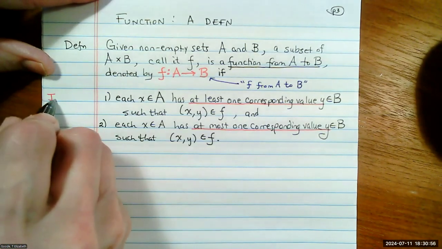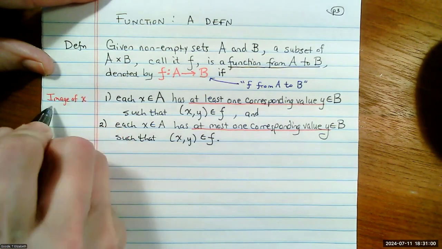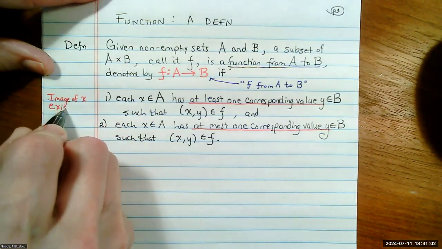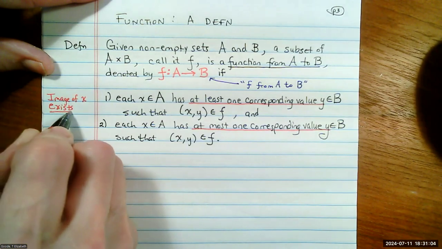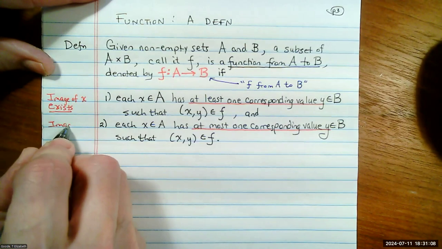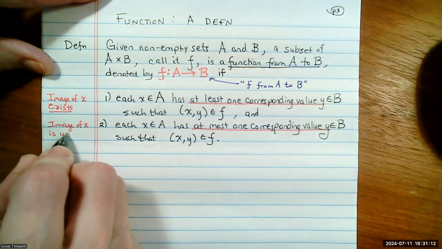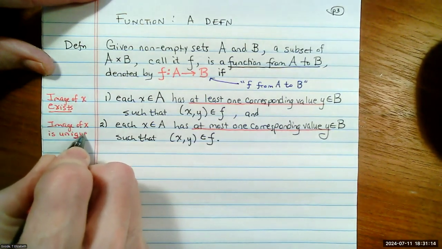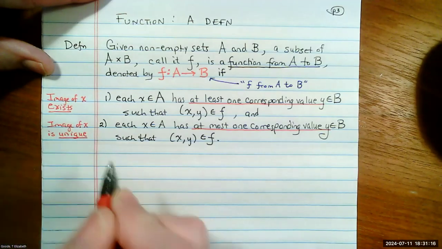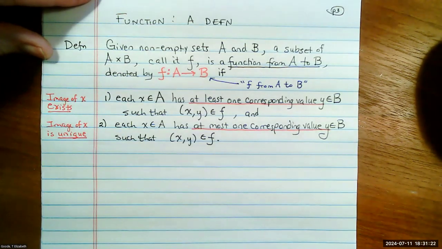So we say the image of X exists. And here we say the image of X is unique. So it's an existence and uniqueness claim about a partner, Y, for the X coordinate.